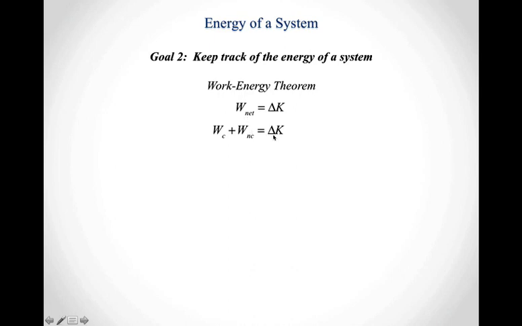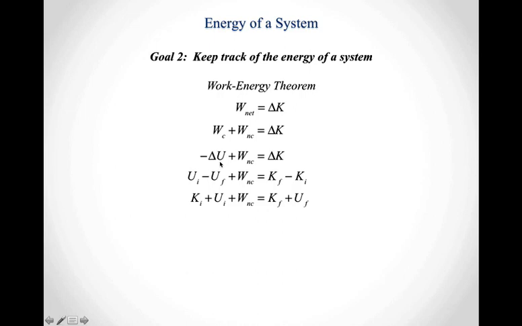So that still has to be equal to the change in the system's kinetic energy. But of course, we now know what the work done by conservative forces is related to. That's equal to negative the change in the potential energy. What we're seeing is that now that we can relate the work done by conservative forces to the change in potential energies, we can reframe the work energy theorem.